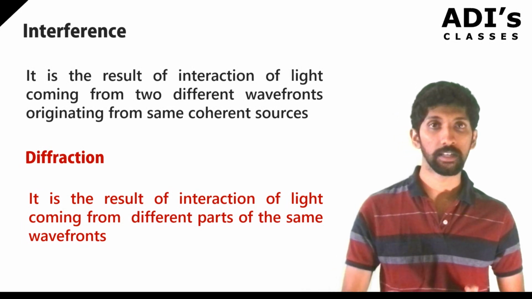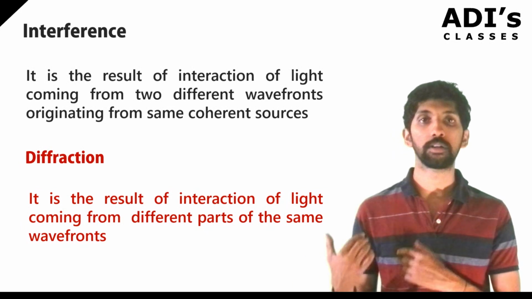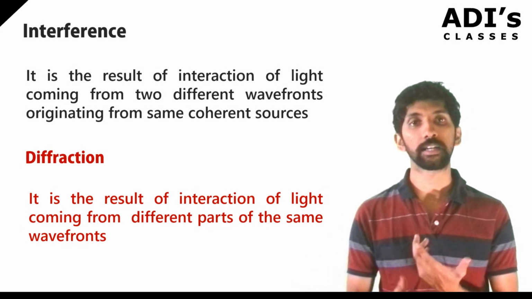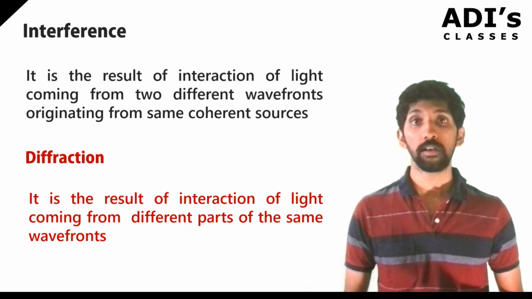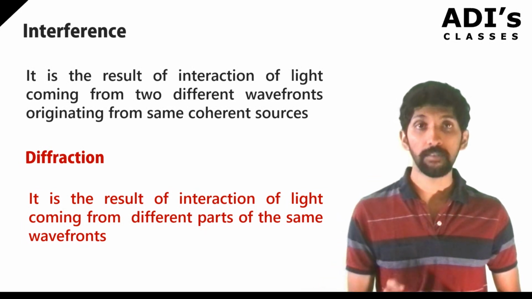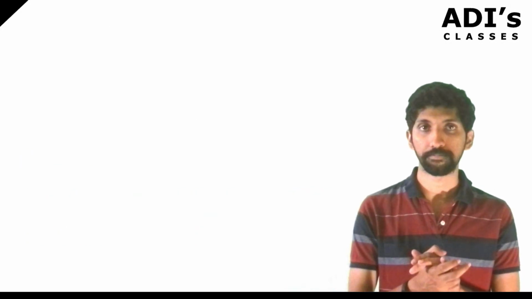Meaning in an interference we have two coherent sources, and then the two wavefronts were coming and they were interacting with each other. Whereas in a diffraction, what we have is, from the same wavefront, different light wavefronts are coming and they are interacting, right?